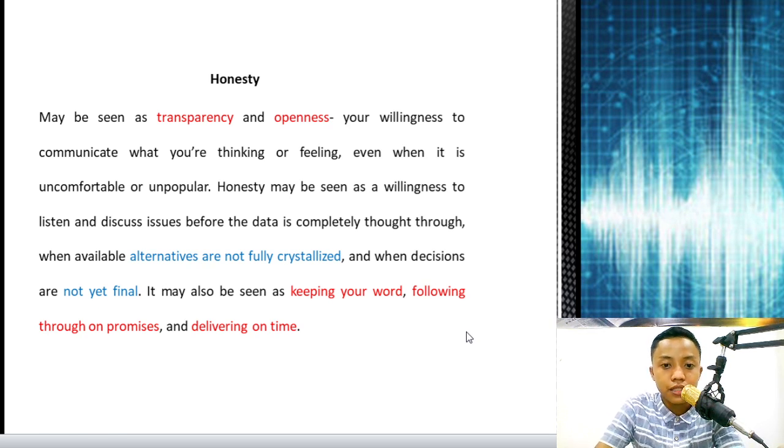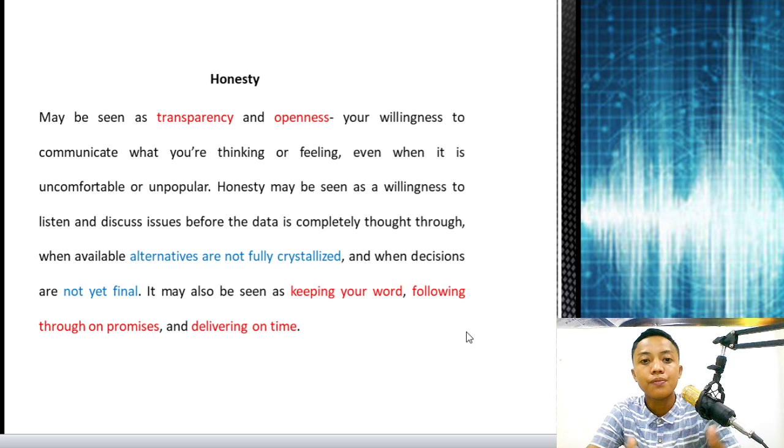When available alternatives are not fully crystallized and when decisions are not yet final, it may also be seen as keeping your word, following through on promises, and delivering on time. Pag sinabi natin honesty, nakapaloob talaga dyan ang iyong pananalig.